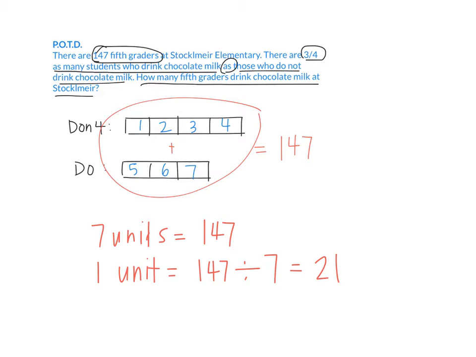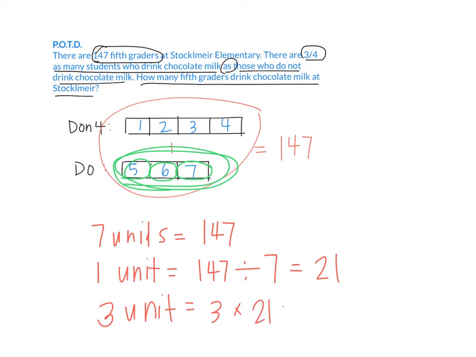So does that mean there are 21 kids who drink chocolate milk? No. We need to take a look. How many units are there in the piece of tape for the kids who do drink chocolate milk? 3. So 1 unit, 2 units, 3 units. In order to answer the question, I need to find out how many are in 3 units. So I have to do 3 times 21, which is 63 students.